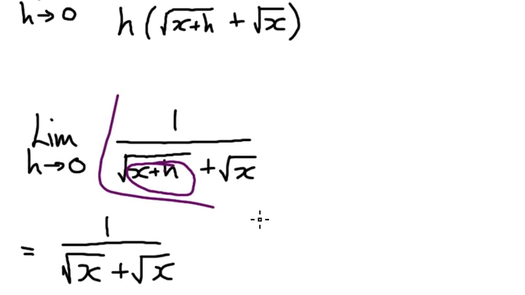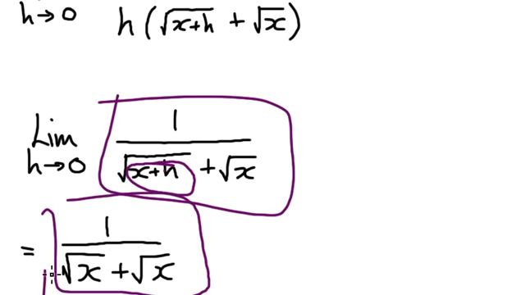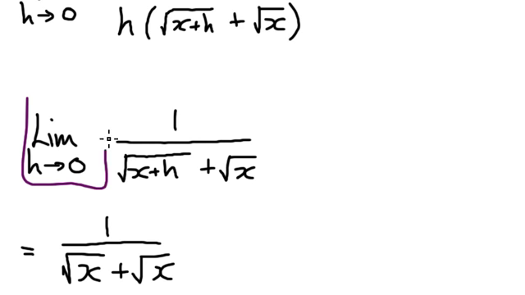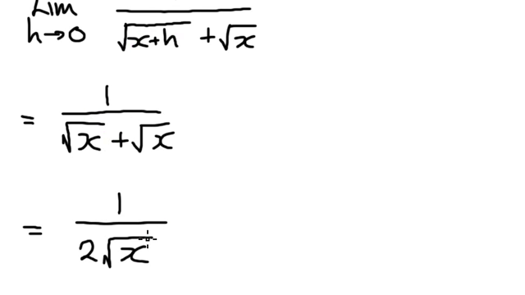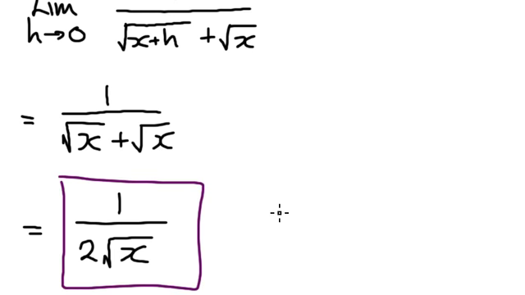Notice that the limit goes, because I've taken the limit as h tends to 0, so I don't need this part anymore. When h tends to 0, this bubble becomes x. So that then becomes root x plus root x at the bottom, so it becomes 1 over 2 root x. So this is your limit as h tends towards 0. Overall, the limit will be this.